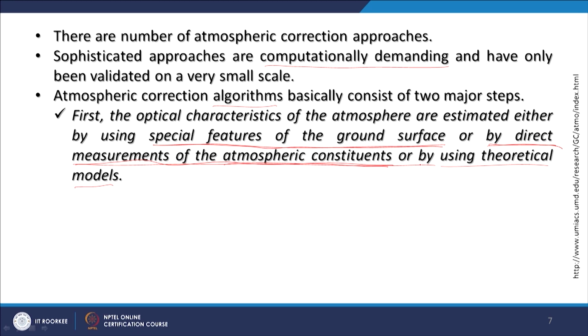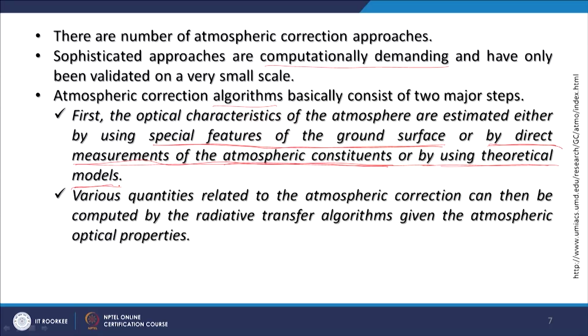Now, the third one, the most popular one, is using theoretical models. The demerit is that everything is fixed, but at the same time we know the atmosphere is very dynamic. So, theoretical models may bring some level of atmospheric distortion correction, but not fully.